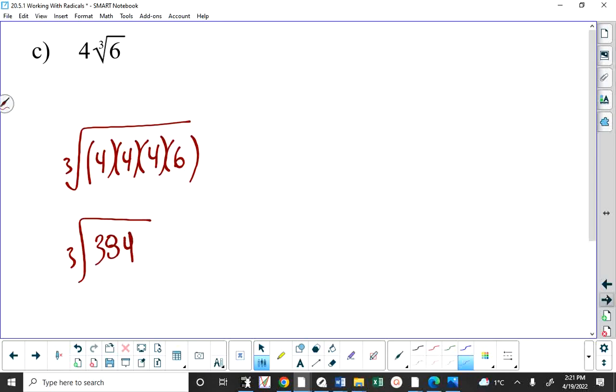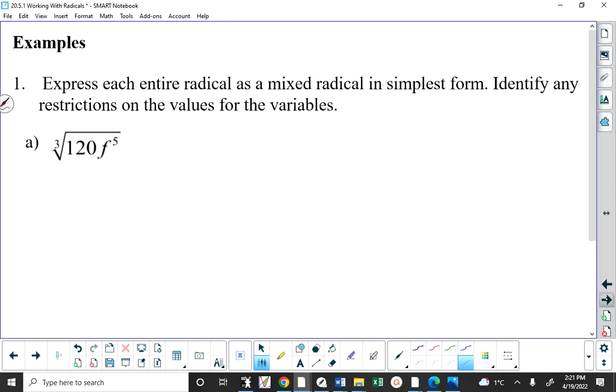Any questions with number 2? So what is going to make things more math 20-ish is the roots are going to elevate from square roots and cube roots to even higher roots like 4th, 5th, 6th, etc. And we're going to have variables. Okay? So this is where the algebra comes in. What we're asked to do is simplify the cube root of 120f to the 5.